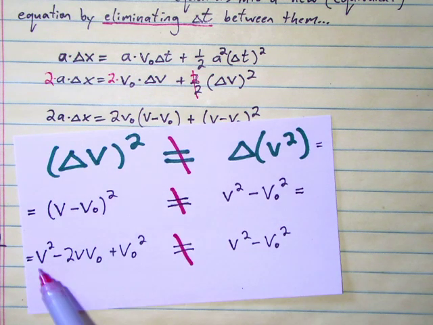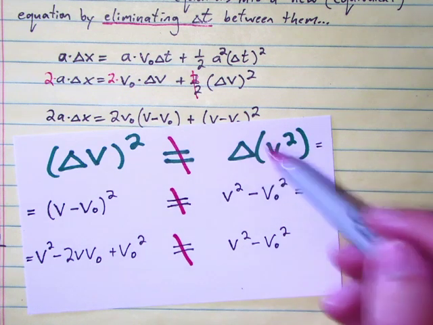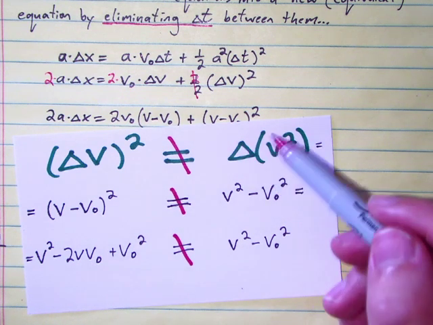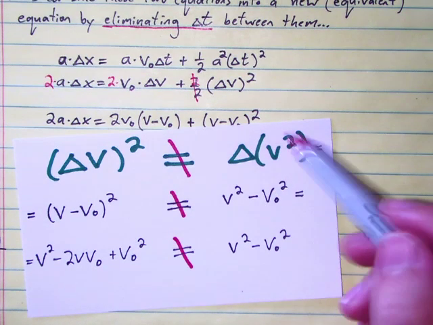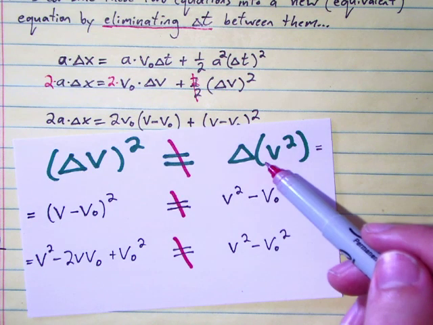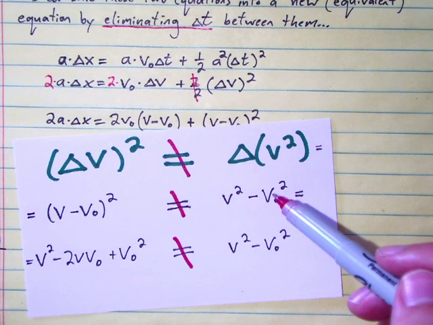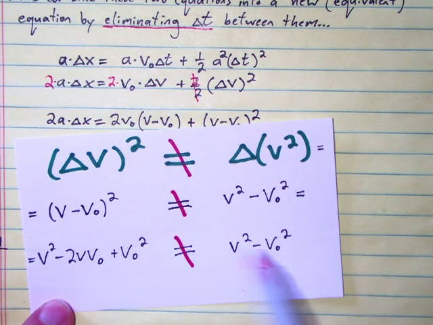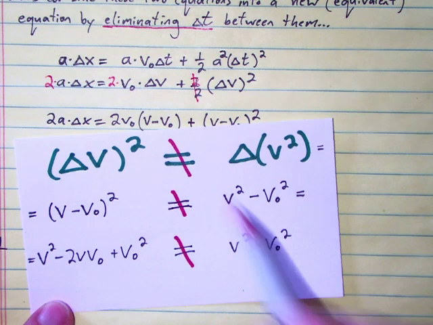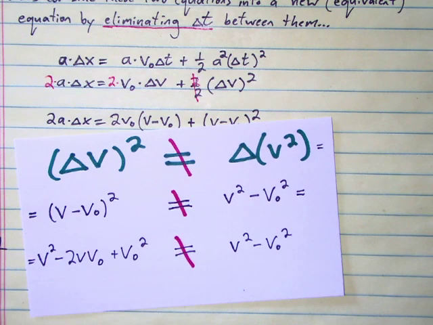And this term squared out gives us this. On the other hand, delta of v squared means I need the change in whatever's inside the parentheses. So I need the final value of this thing minus the initial value of this thing, which is that. This is obviously not equal to this. Therefore, we know that this is not equal to this. Be careful with your notation.